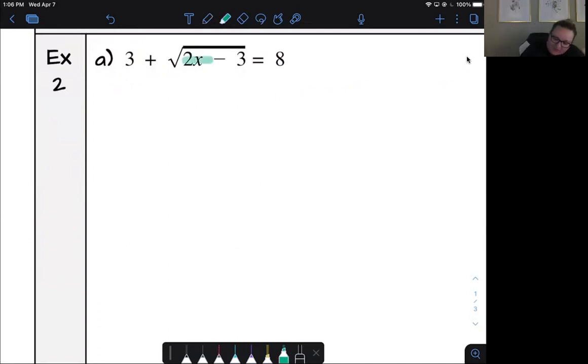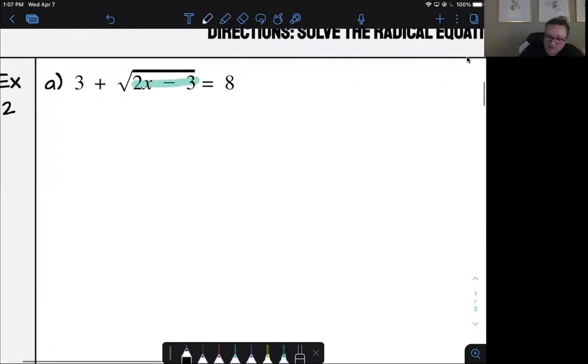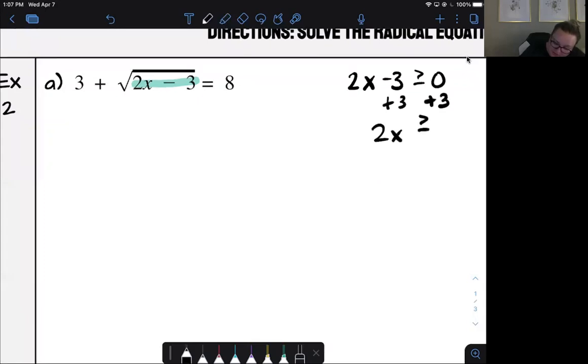So this time we've got 2x minus 3 under the radical. So for our restrictions, we're going to consider that 2x minus 3, that whole thing, has to be greater than or equal to 0. So for our x values then, we're going to add 3 to both sides. 2x is greater than or equal to 0.